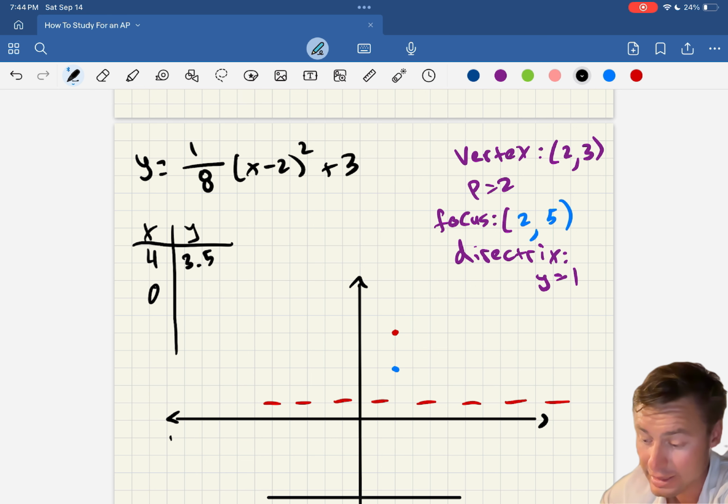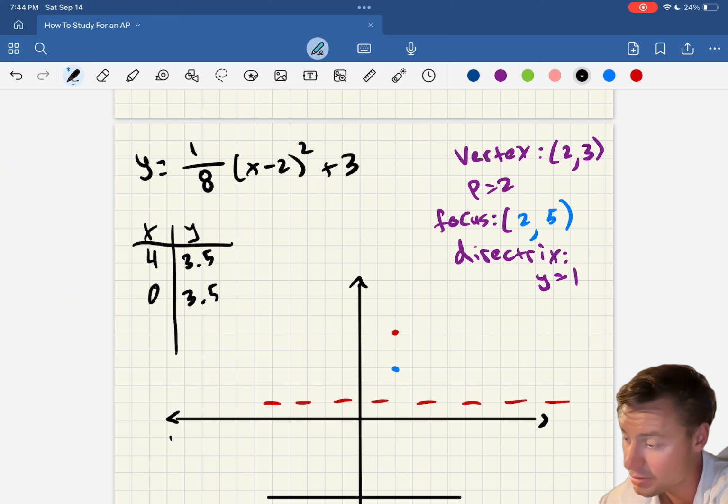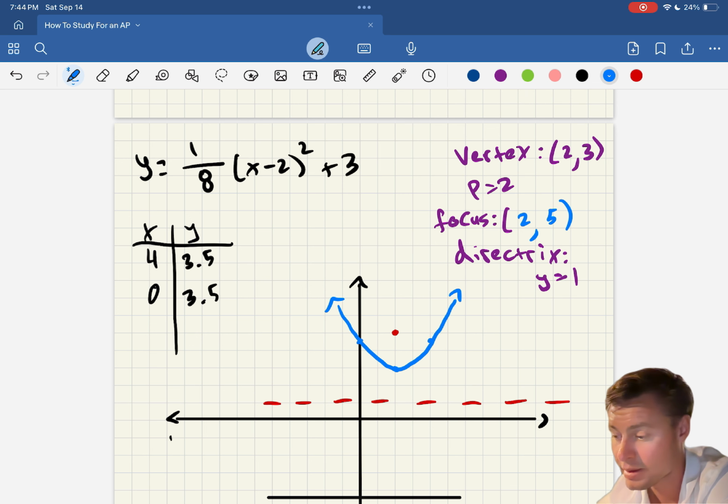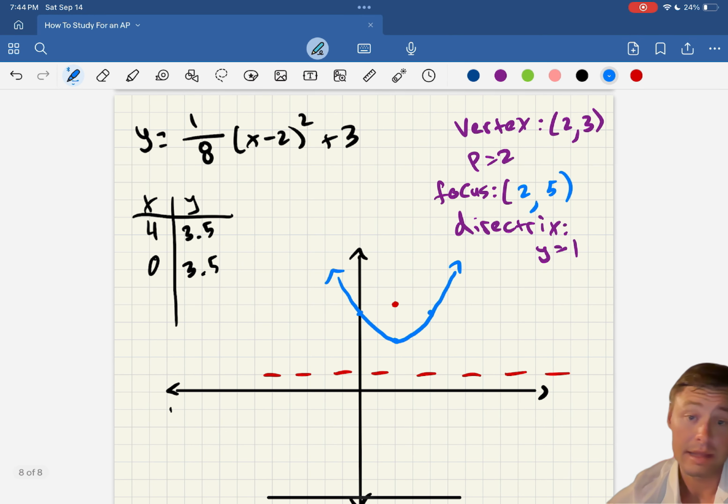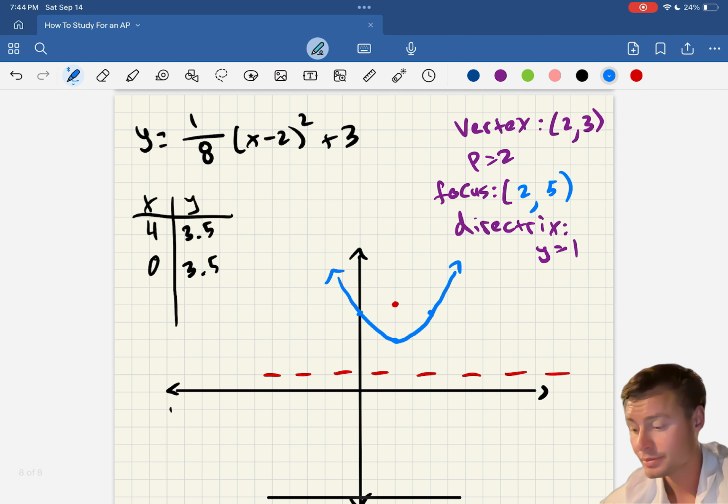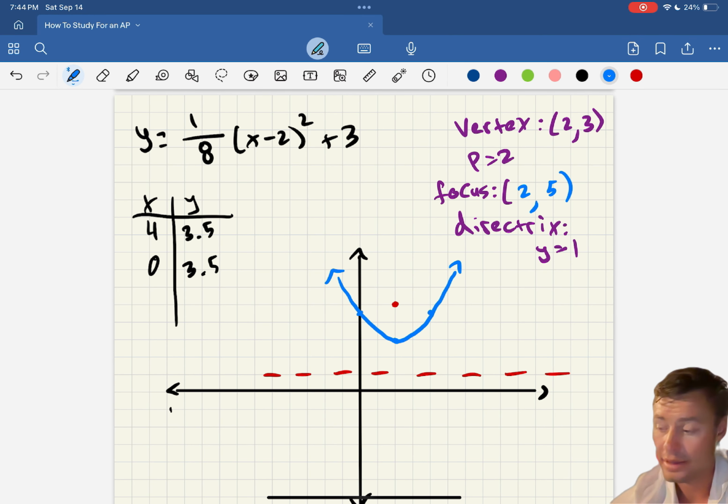When x is 0, I get the same thing. Okay, so I'll plot those 2 points. 1, 2, 3, 4, comma 1, 2, 3 and a half, and then 0, 3 and a half. Boom. There you go. And that's just another way to write the equation of a parabola using the focus and the directrix.